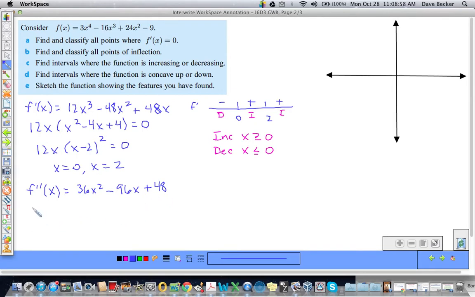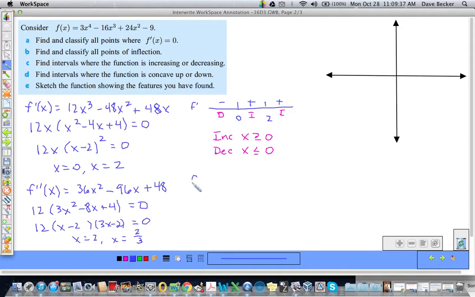So 12 multiplied by (3x squared minus 8x plus 4) equal to 0. The 12 becomes irrelevant when we're looking for our zeros or our critical points. This factors nicely into (x minus 2) times (3x minus 2), which gives me x equal to 2 or x equal to 2/3.